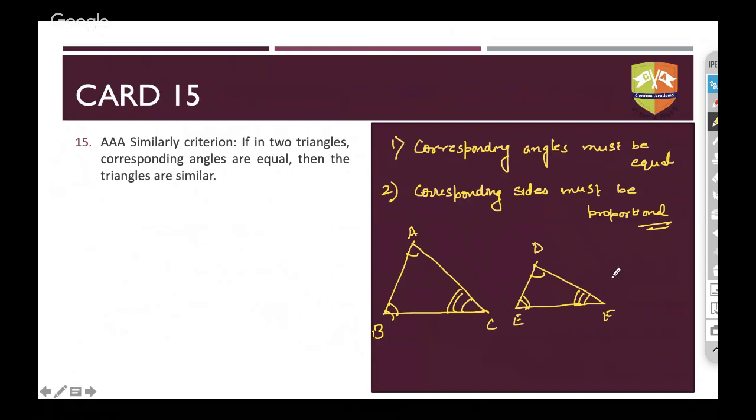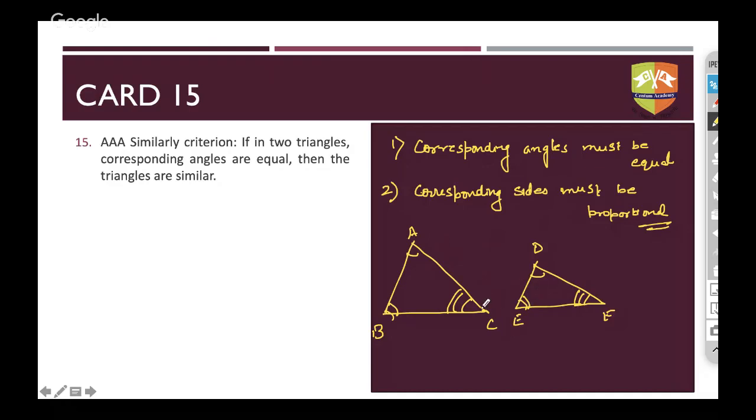The rest you can prove using a similar method for all these criteria. Though usually they do not ask criteria-proving problems in boards, you must know.